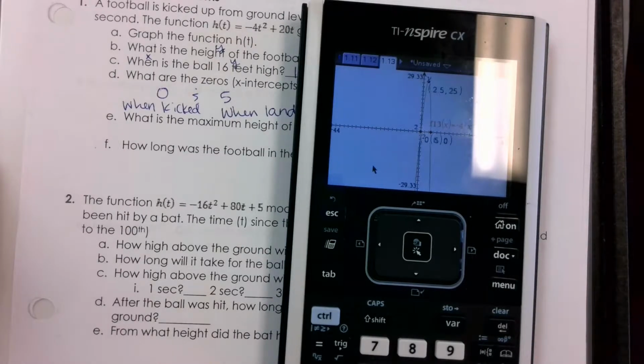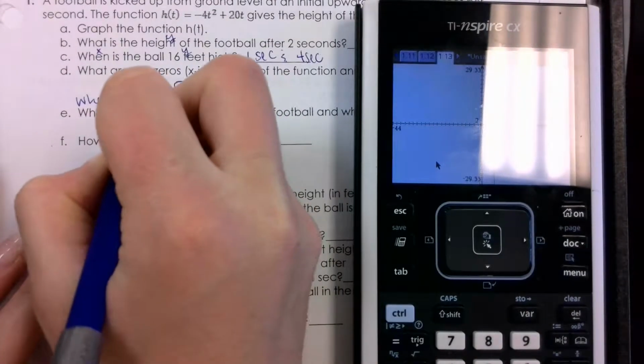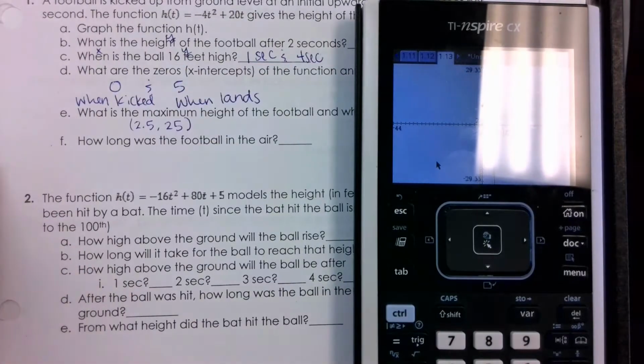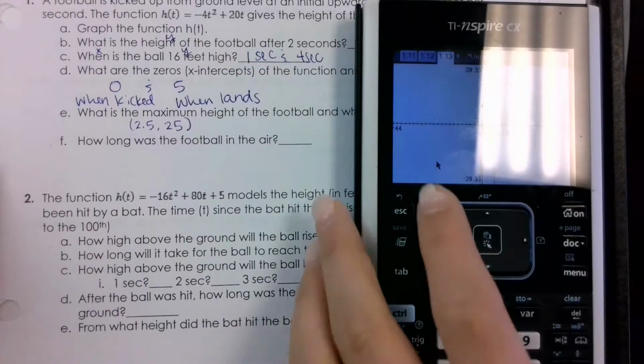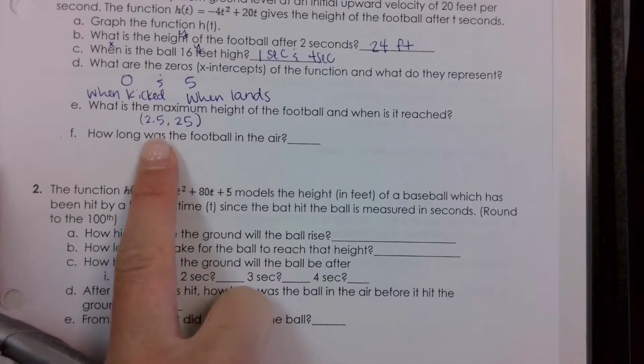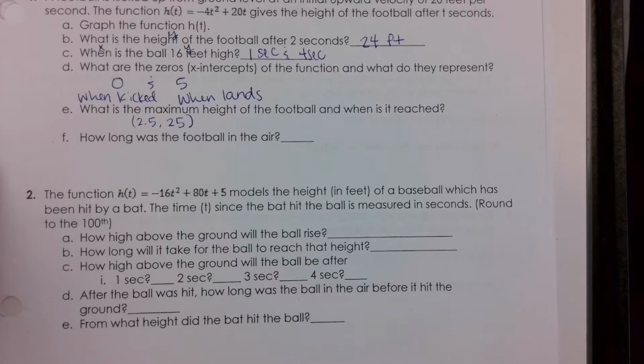So where does that vertex or that maximum happen? 2.5, 25. So what does that mean? It's 25 feet at 2.5 seconds, or you can think of it, it's going to take 2.5 seconds to reach 25 feet.